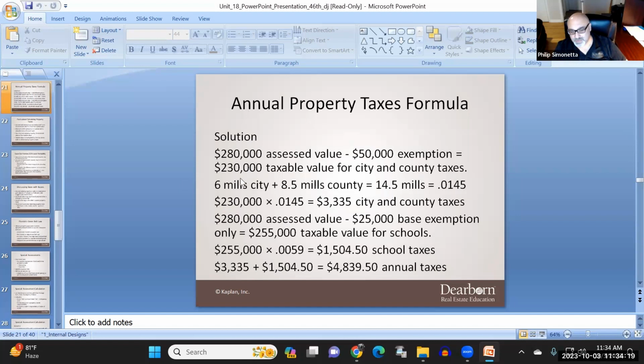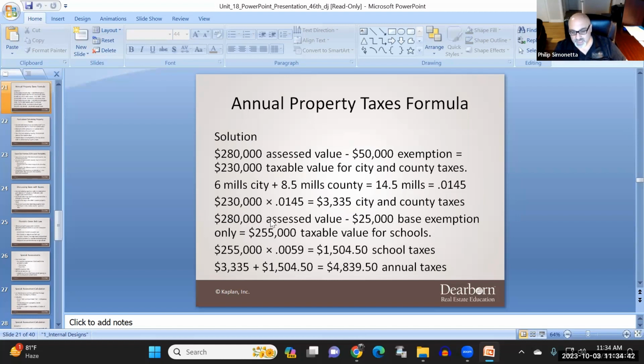Instead of doing separate calculations, you can do 230 times 0.0145 and it gives you 3335. What you did was do them separately. You could put them together for city and county. That's the first part of the problem. You did it right, you just did an extra step. That's okay, however you feel more comfortable.